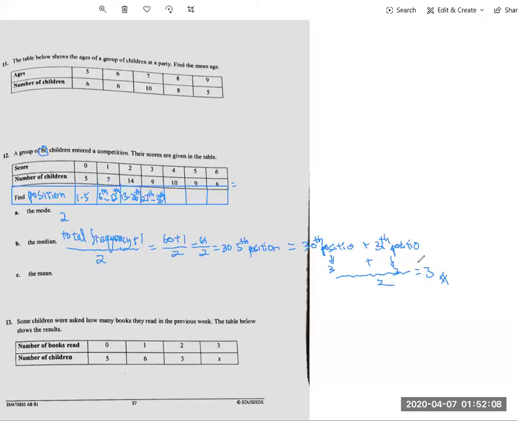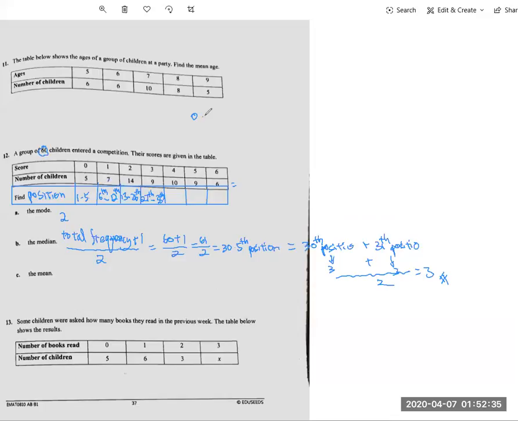Okay? Now, next, we're going to find the mean. But in this case, you see, previously, each of these numbers only represented one frequency. But in this case, like this one, the score is 1, but there are 7 of them with a score of 1.